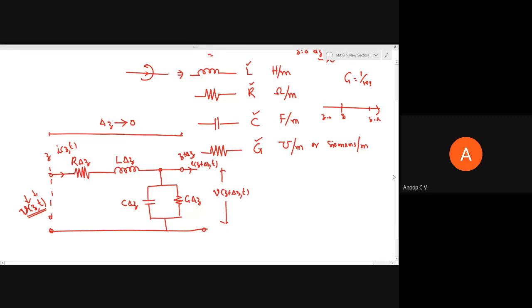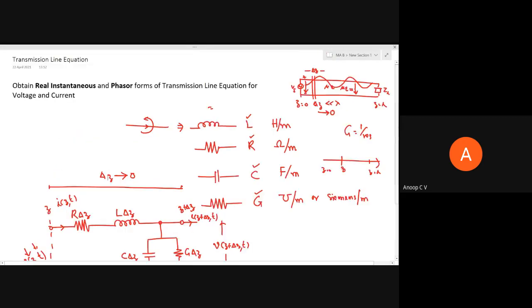Now in today's session, our agenda is to obtain the transmission line equation in real instantaneous and phasor form.